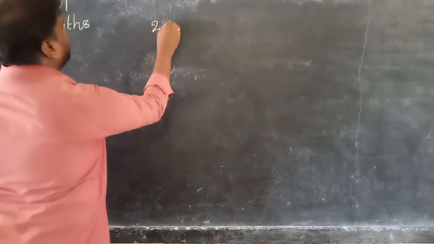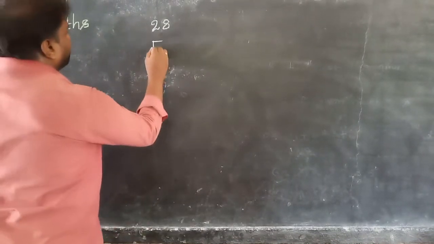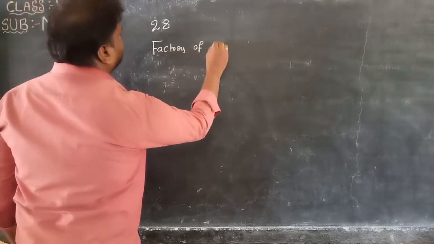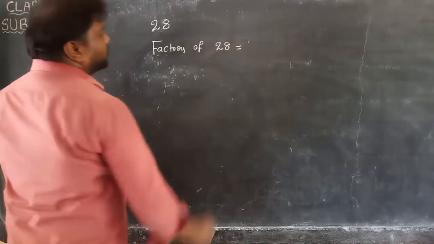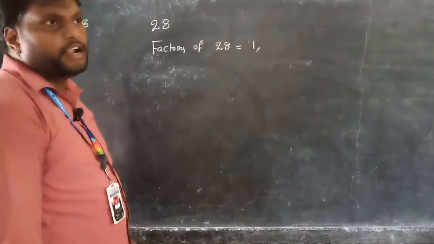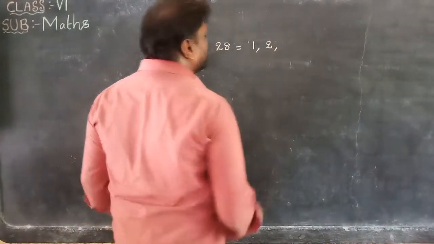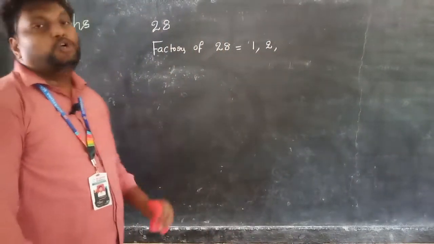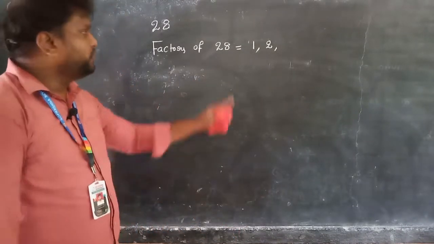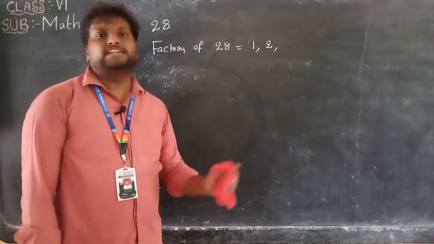One more example, 28. First of all, write the factors of 28. Compulsorily, 1 is a common factor, 1 and 28. 28 is an even number, so 2 is also a factor, because 2 is the common factor of all even numbers. 1 is the common factor of every number.